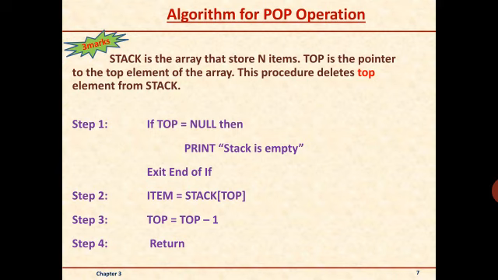Once the item is copied, the position of the top should be decreased. Hence, in step 3, we do top is equal to top minus 1. And the fourth step is return. In this way, we remove the item from the stack.